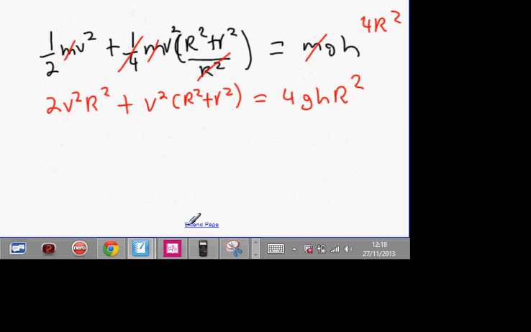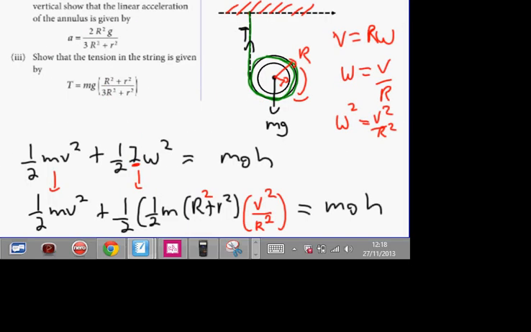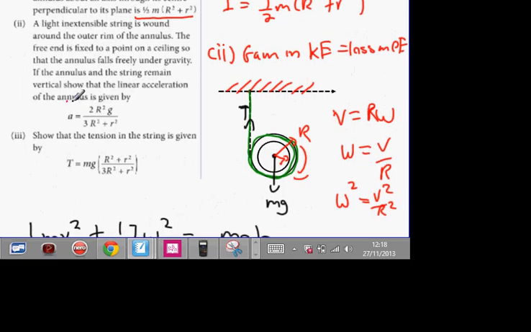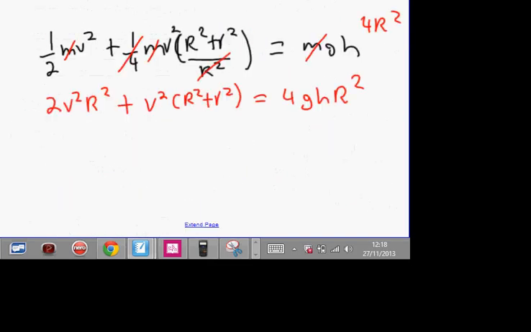Factorize and keep an eye on what we're looking to prove. We're looking to prove acceleration. If we get velocity first, we can get acceleration second. We're always using v squared equals u squared plus 2as. If we get v squared on its own, that will lead the path to getting a on its own.